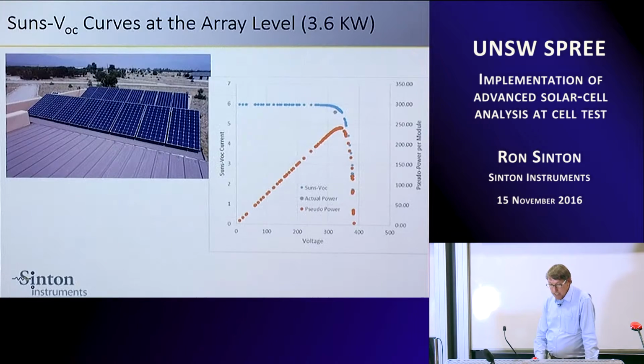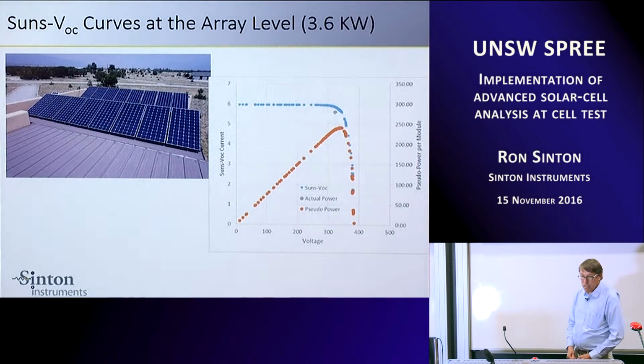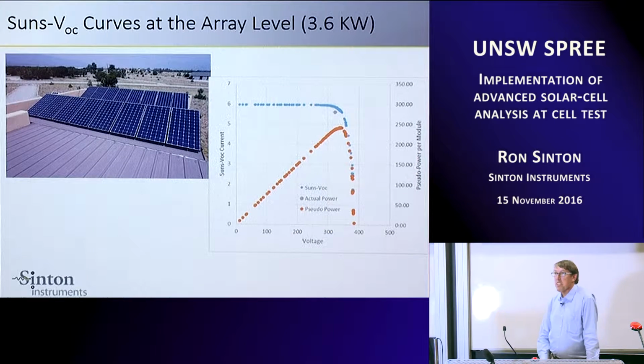Then at the other end, this is my solar array, and you can do the Suns-Voc curve, which we often do for solar cells or precursors, and you can do this on entire systems.